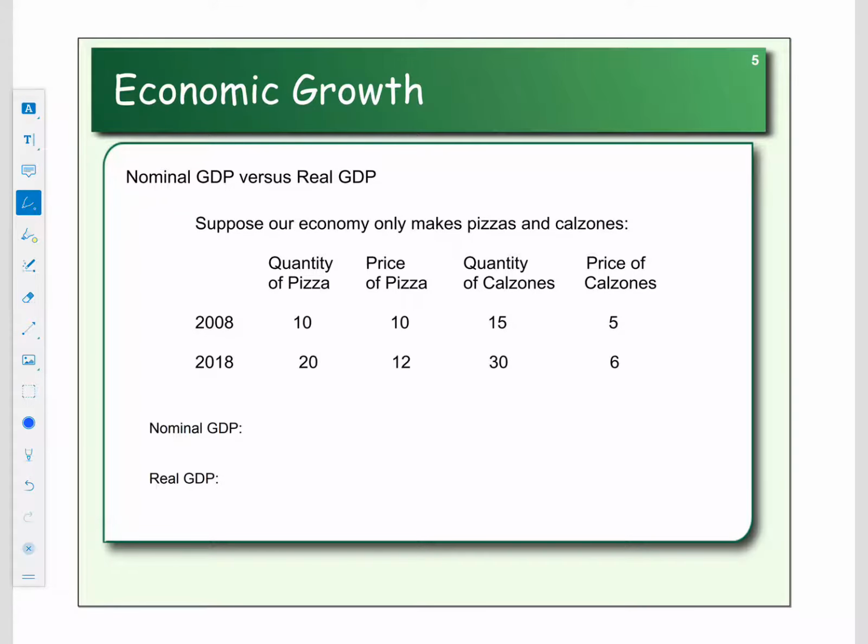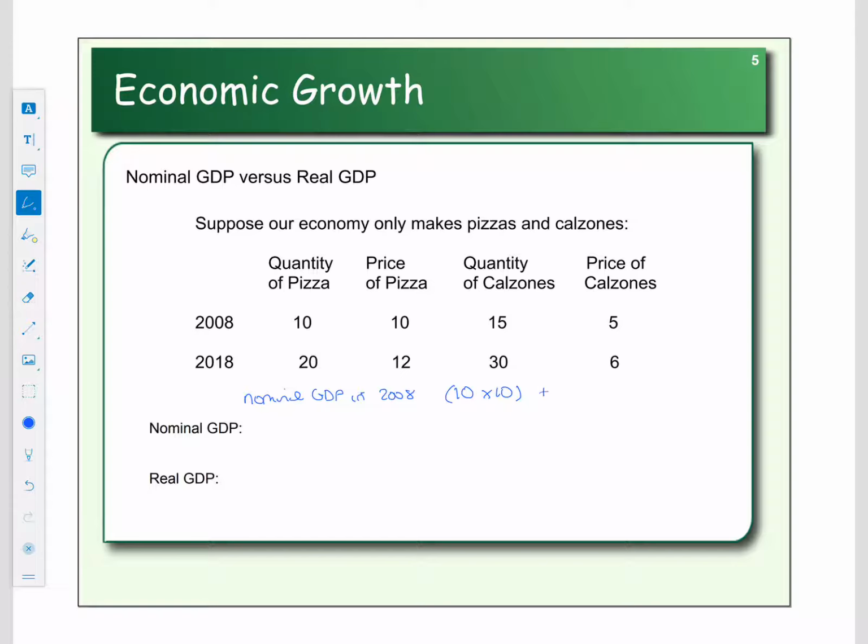So we could find nominal GDP, the total value of everything we make, and when we do it in nominal GDP, we're looking at it in that current year's prices. So nominal GDP in 2008 would be found by looking at the quantity of pizza in 2008 times the price of that pizza in 2008.